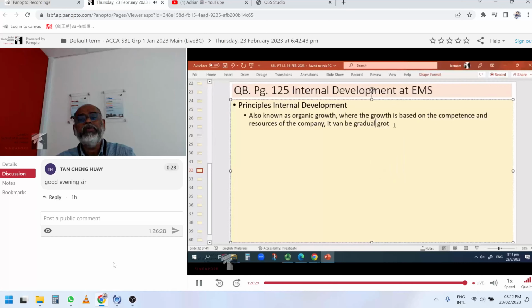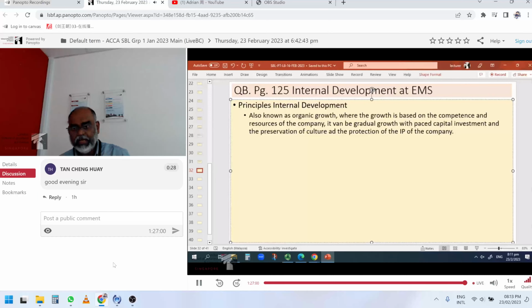It can be a gradual growth, with paced capital investment and the preservation of culture and the protection of the IPs of the company. Okay, so we don't want to say so much about this in terms of the principles. Okay, so we want to go into the next one.